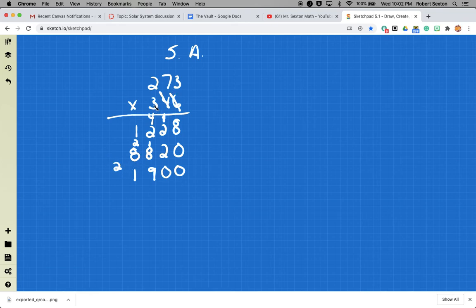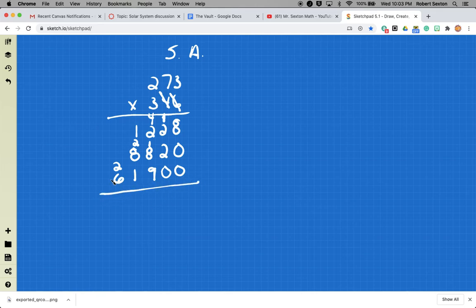And then 3 hundreds times 200. 3 times 2 is 6, but 300 times 200 is going to be 60,000, right? So that's going to be a 6 in the 10,000 place.